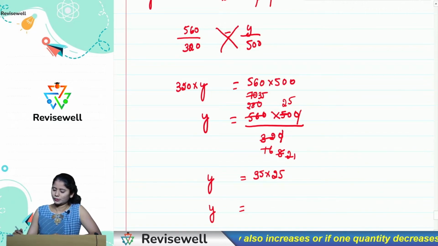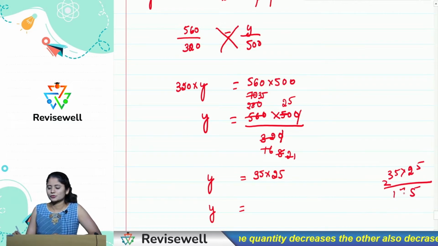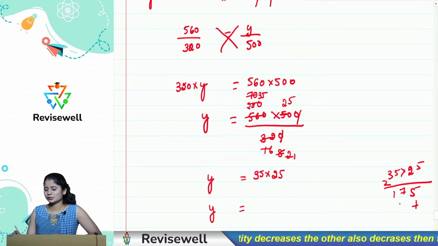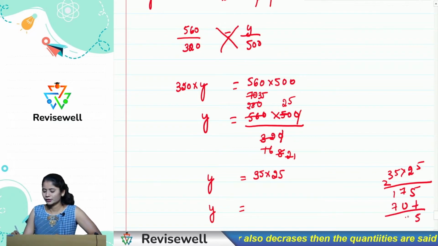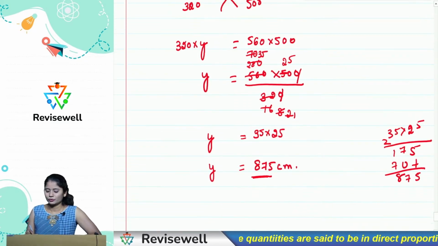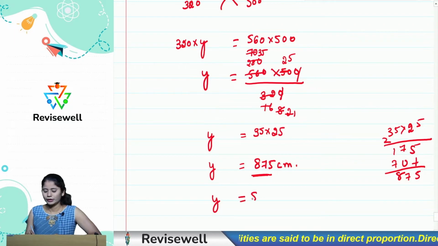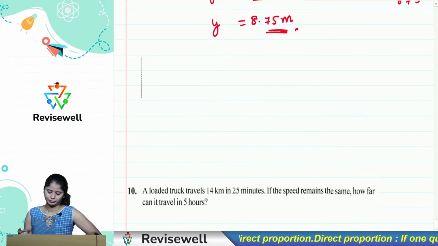Once again, let me multiply and check. 35 multiplied by 25: 5 fives are 25, 5 threes are 15, 15 plus 2 is 17. 5 twos are 10, 5 threes, 2 threes are 6, 6 plus 1 is 7. So that is 875. So this is 875 centimeters. If you convert into meters, it will be 8.75 meters, or 8 meters and 75 centimeters.